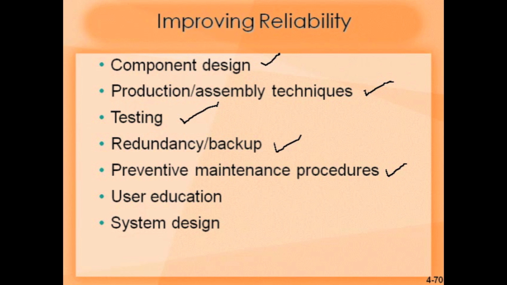But if I do preventive activities like regular oil changes and things like that, that will increase reliability. User education also is important because sometimes a product could be misused, so users should be educated in its proper use. And then system design is another important thing for reliability.